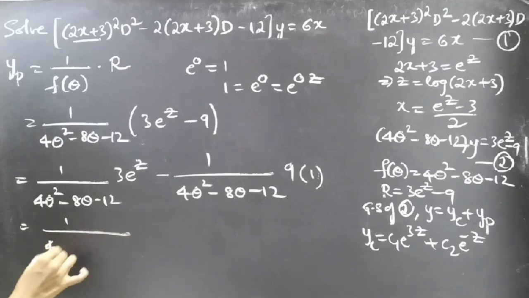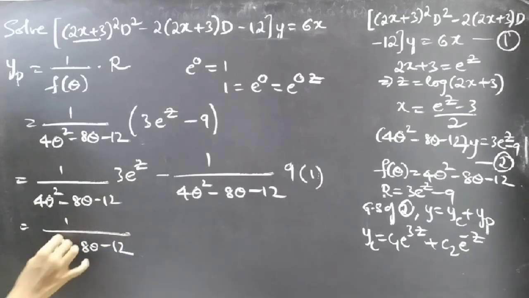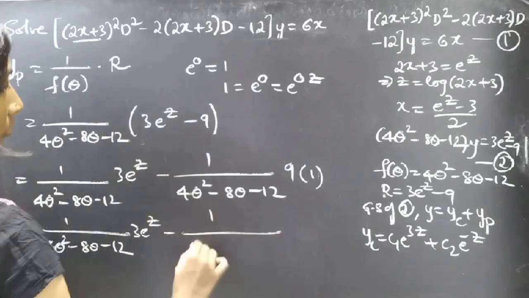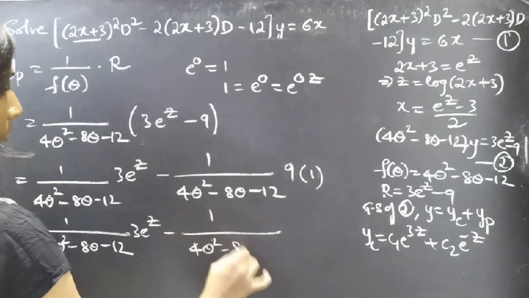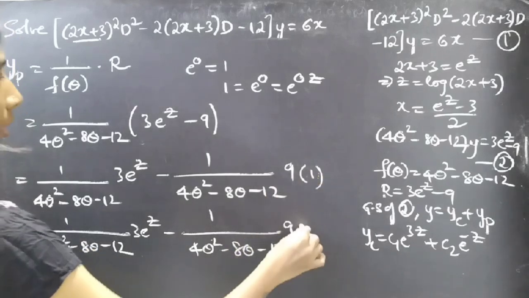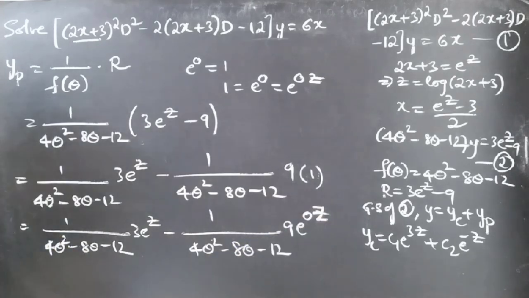Now this becomes, first term remains the same. Here we'll replace 1 by e power 0z, right?